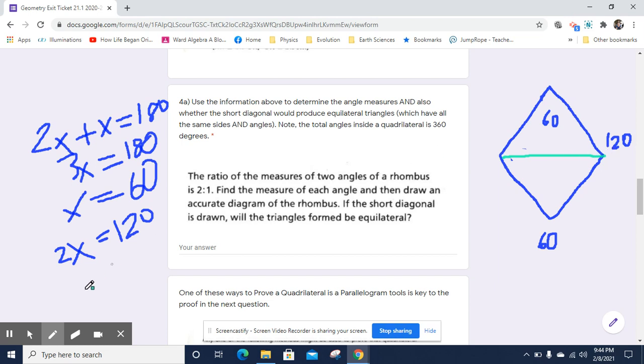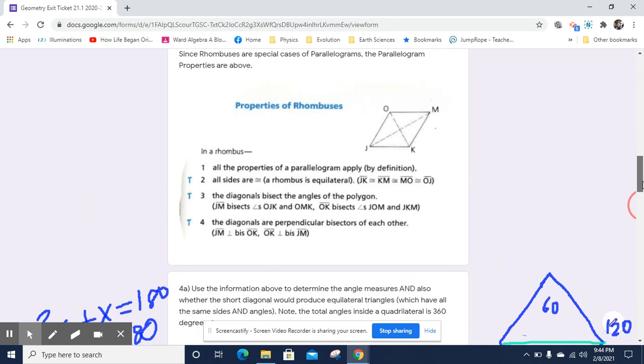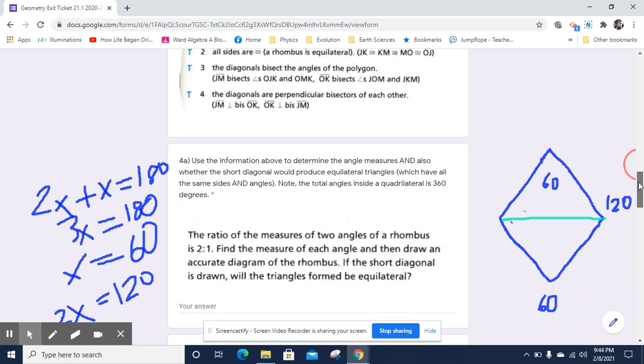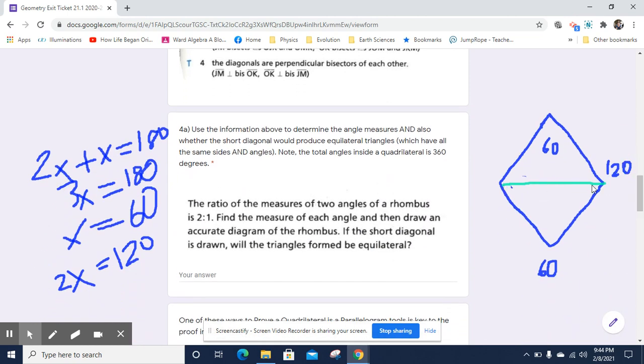Now, if we go back to our rhombus properties, something we're going to notice is that the diagonals bisect the angles of the polygon. So that means this diagonal is bisecting this 120-degree angle. And if it's bisecting it, then that angle right there is 60.